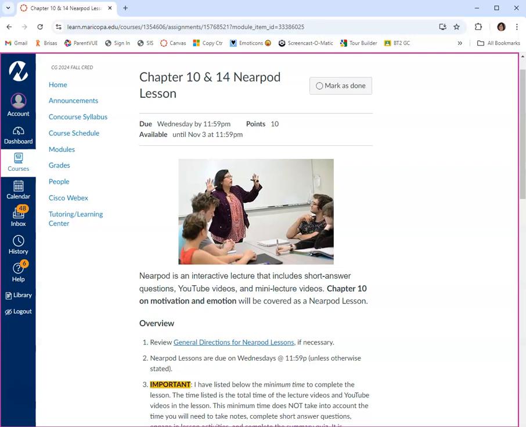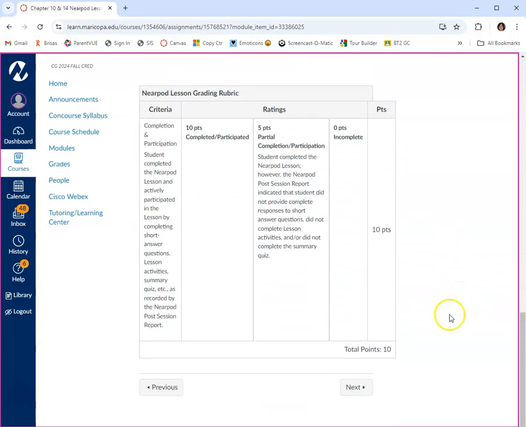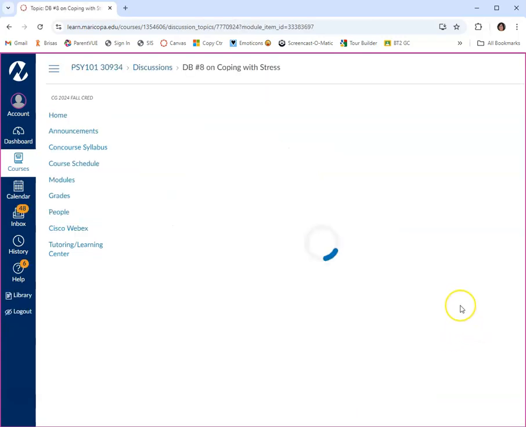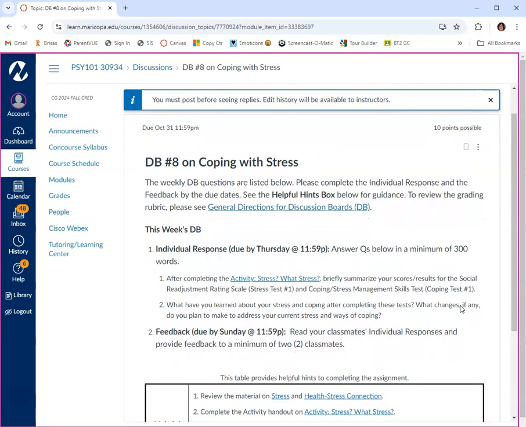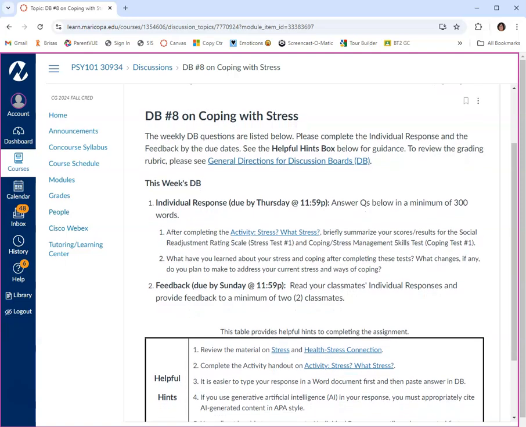The first assignment is the Nearpod lesson. This week's Nearpod lesson will review motivation and emotion. The second assignment is discussion board number 8 on coping with stress, which is a reflection on this week's activity about stress.